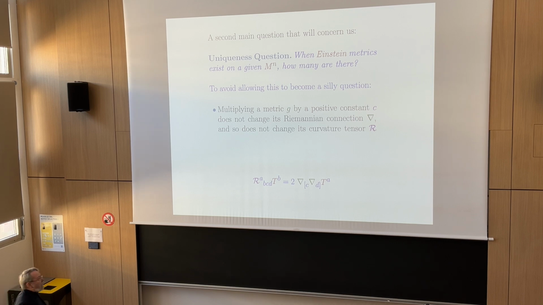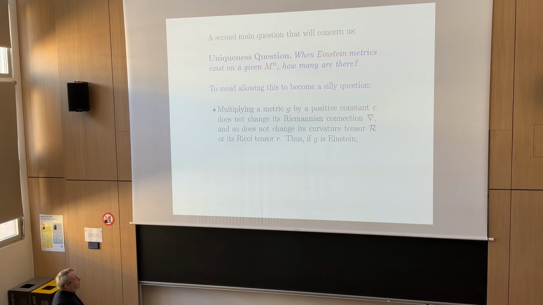If it's something that eats 3 vectors and a 1-form, that's unchanged when you multiply the metric by a constant. And the trace that you use to define the Ricci tensor does not involve the metric directly. So when you multiply any Riemannian metric by a constant, the Ricci tensor does not change. I know good geometers who get confused about this, because if you're interested in the Ricci curvature, which is the function you get by taking the Ricci tensor and evaluating it on unit vectors, that changes because the notion of a unit vector has changed. But the tensor is left the same.